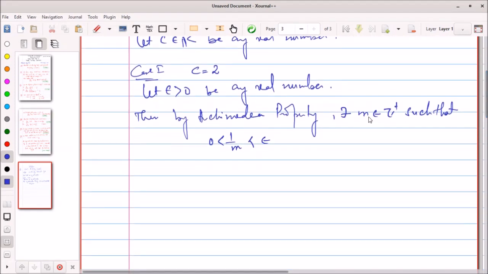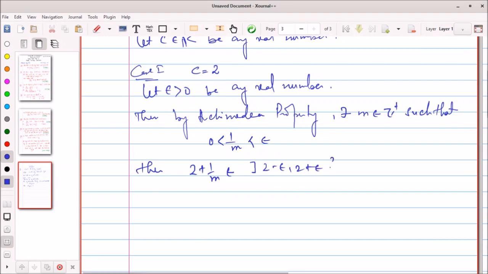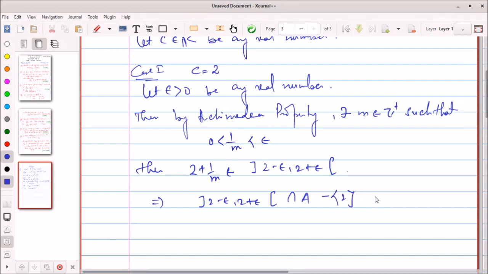Now 2 plus 1 by m belongs to the interval (2 minus epsilon, 2 plus epsilon). So this implies (2 minus epsilon, 2 plus epsilon) intersects A at a point other than 2.